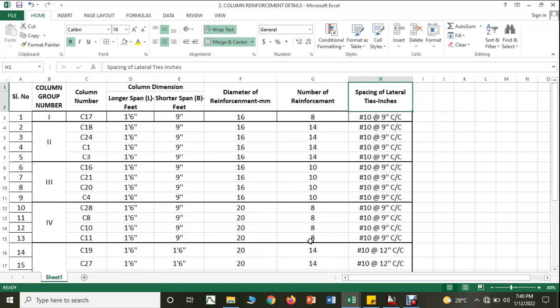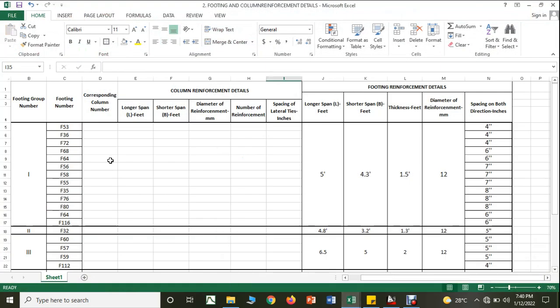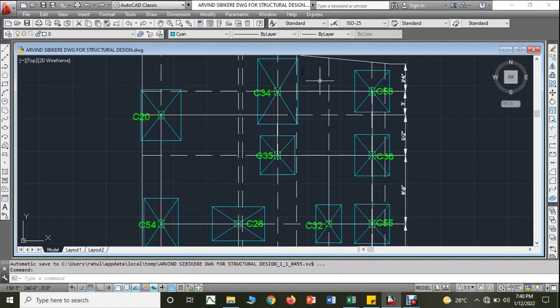How we are supposed to do that, we will see in the next video, that is tomorrow's video. What we are supposed to do is open our ETABS and open our AutoCAD drawing. Already it is there.